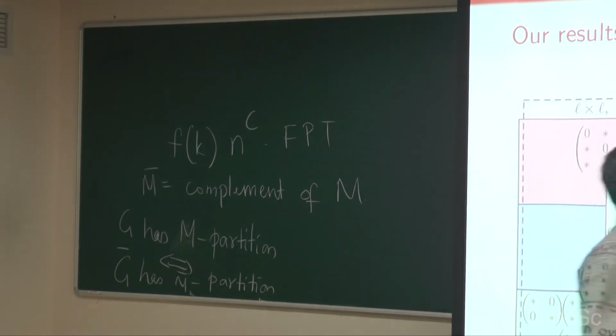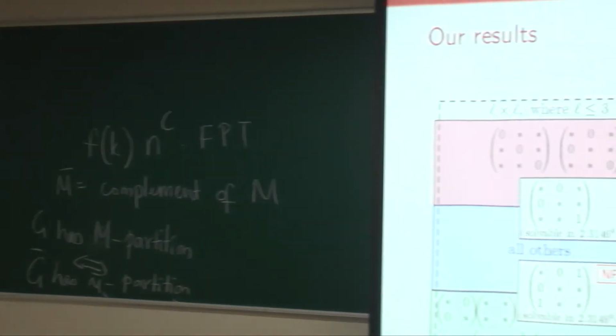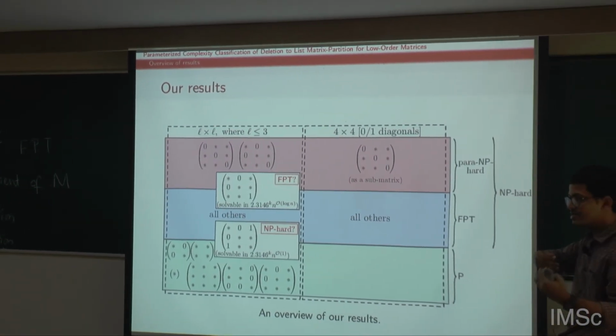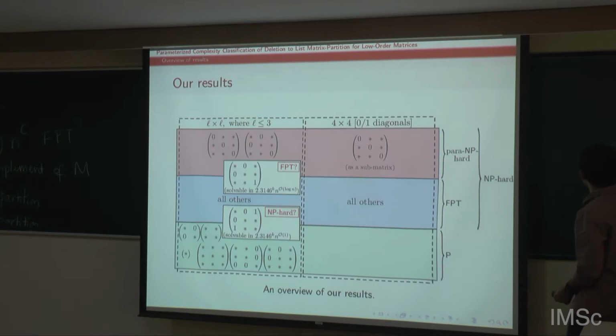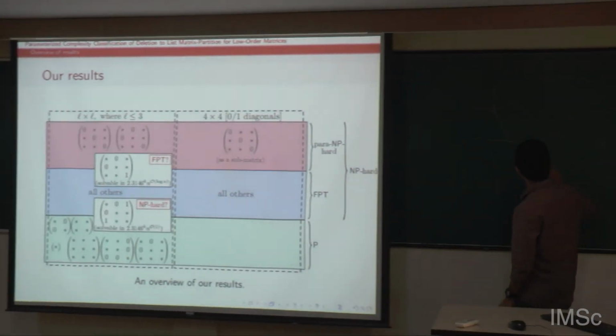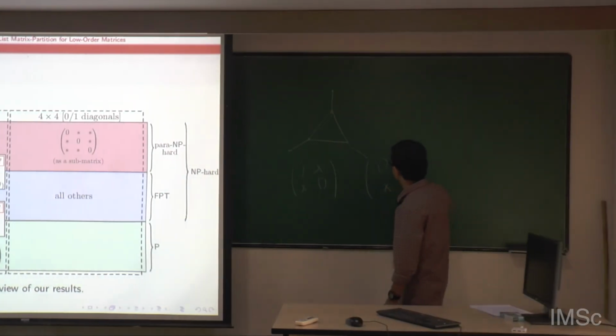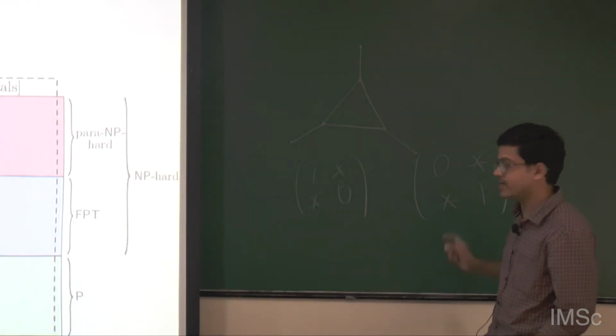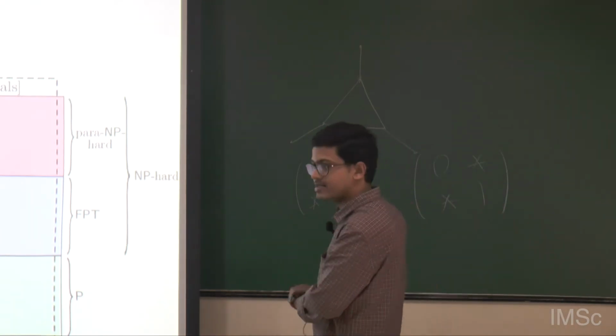So matrices here are written up to complement, and also if 2 matrices define the same partition up to a reindexing of parts. For instance, these 2 matrices define the same partition, so they are considered the same.